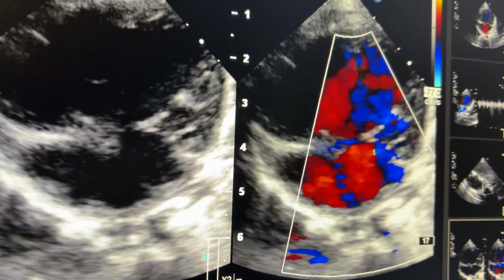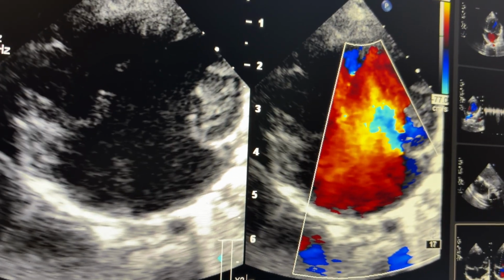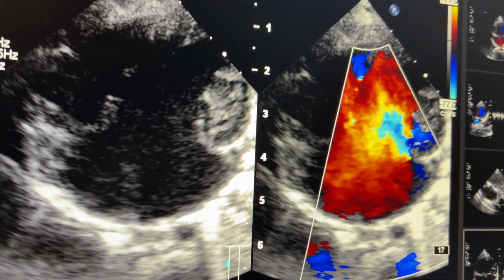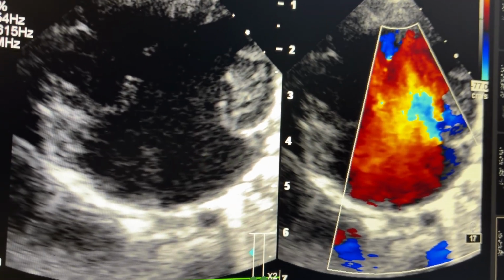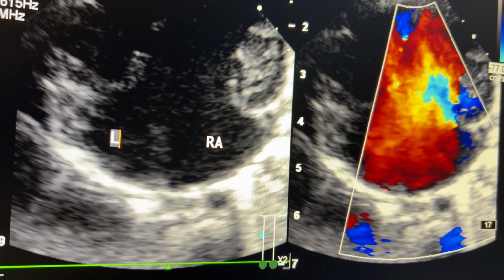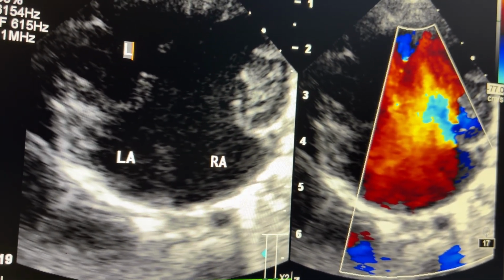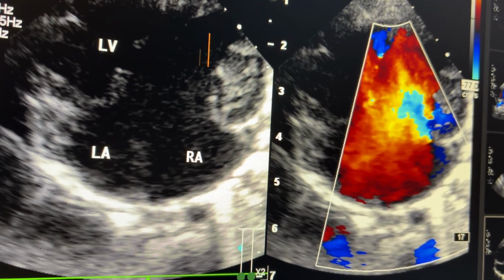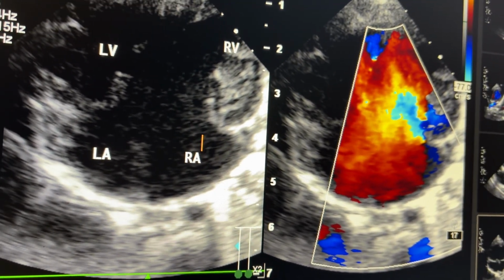See in this image, you can easily appreciate this is complete AV septal defect. This is the right atrium and this is the left atrium. This is the left ventricle and this portion is the right ventricle.